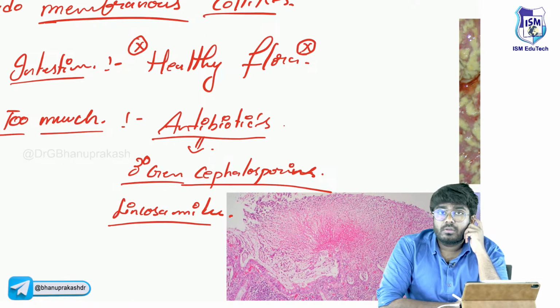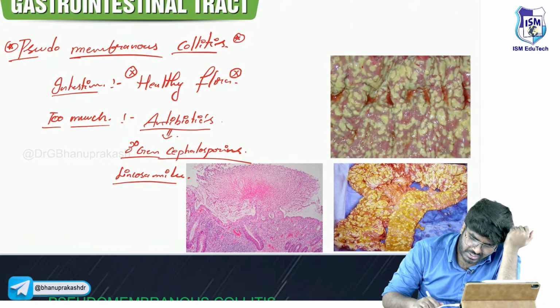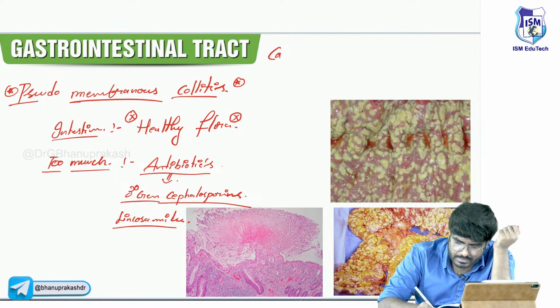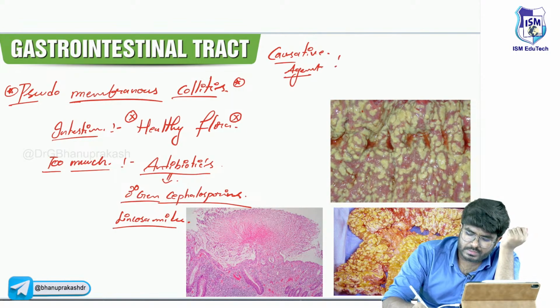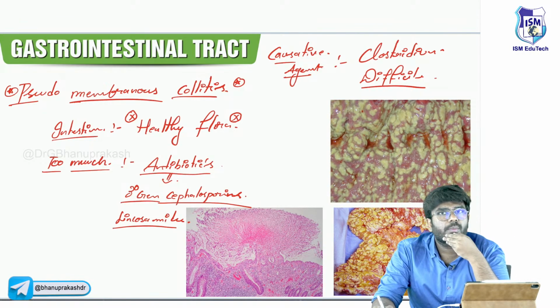So what happens now? Bad bacteria will start to grow, and that bad bacteria is the causative agent. The causative agent for pseudomembranous colitis is going to be Clostridium difficile. Now this Clostridium difficile is a bad guy.